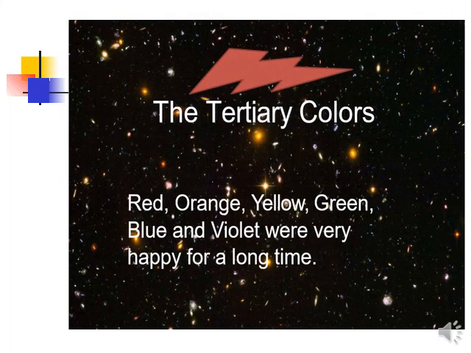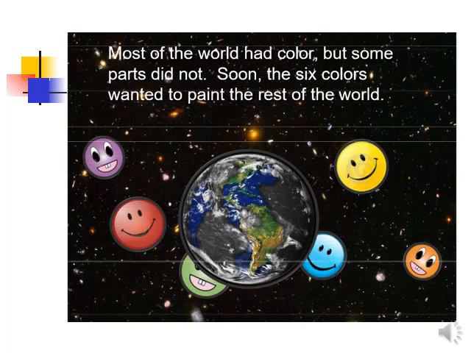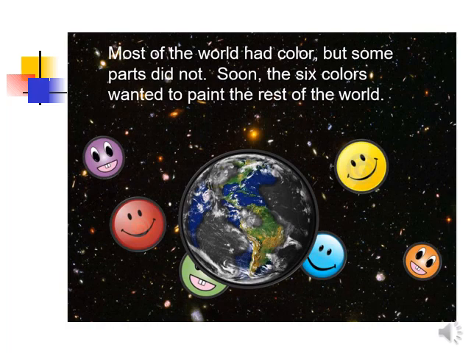Now, let's listen together to a small story about the tertiary colors. Once upon a time, red, orange, yellow, green, blue, and violet or purple were very happy for a long time. Most of the world had color, but some parts did not.